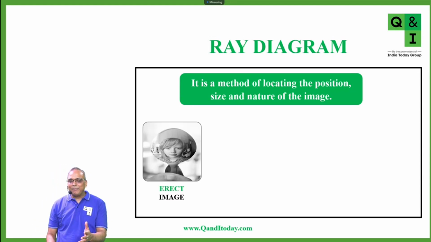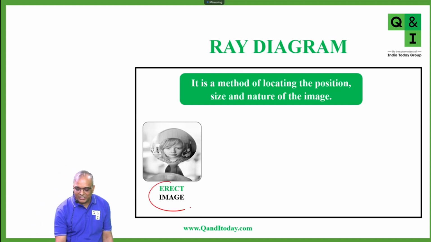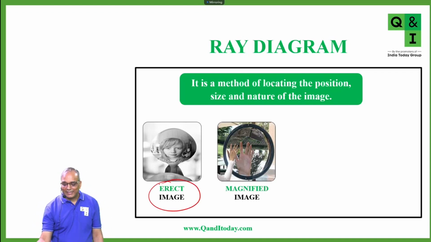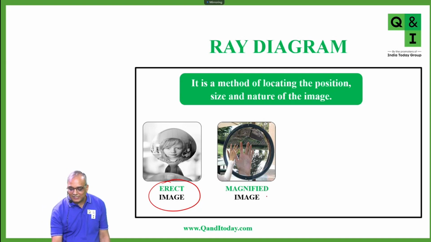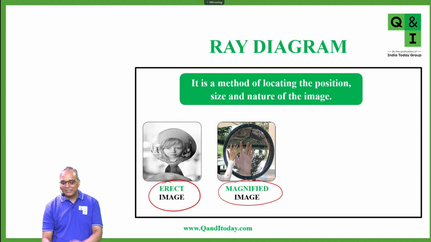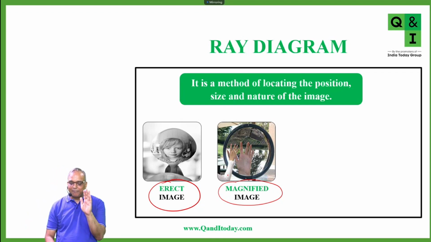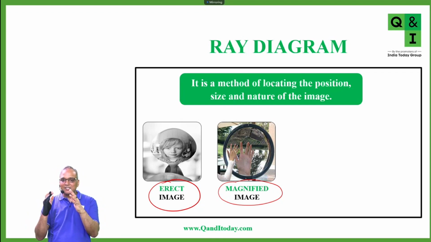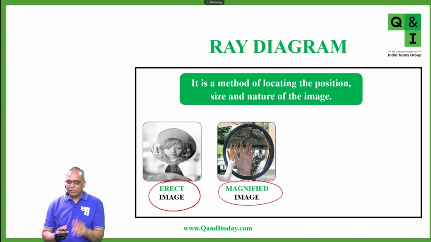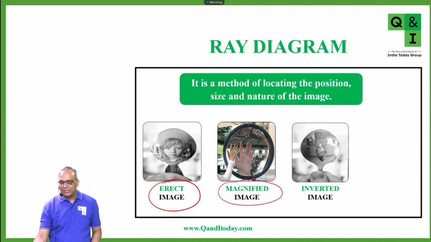For example, as I said, the image can be erect. Second, the image can be magnified. You can see the object is the palm of the hand and the image is much larger than the size of the object. So this is a magnified image. And here it is an inverted image.